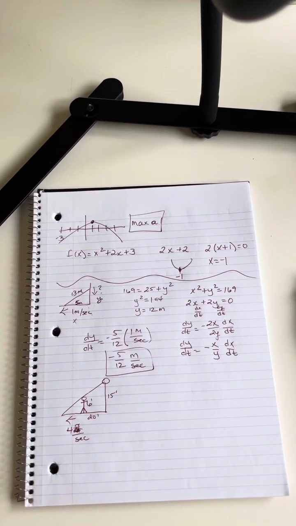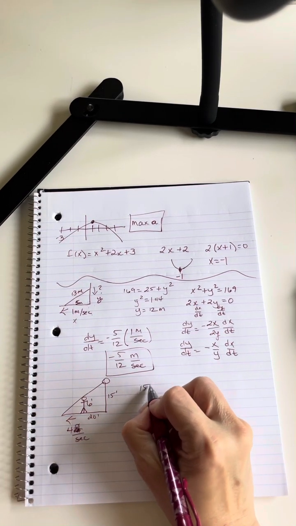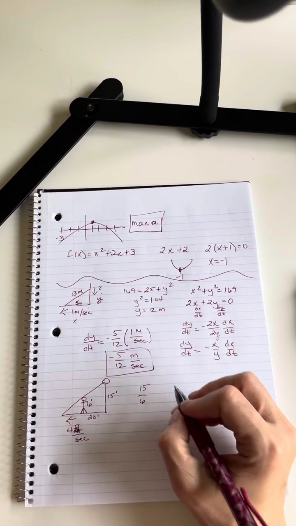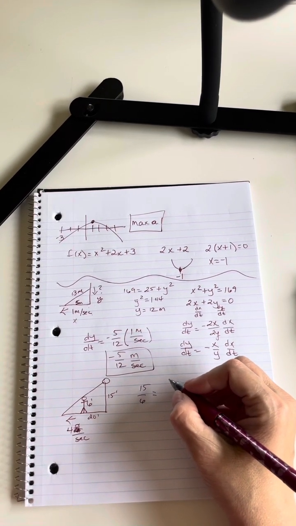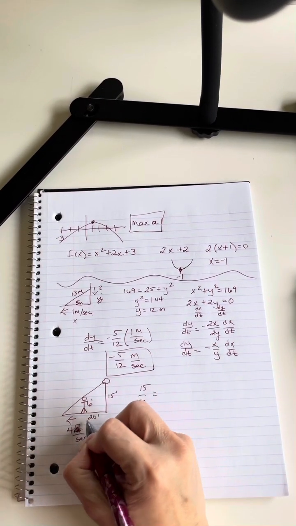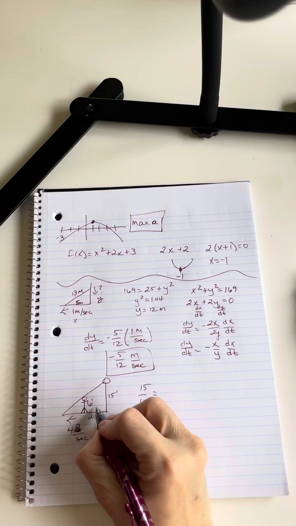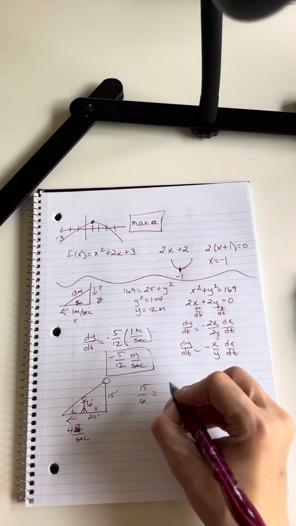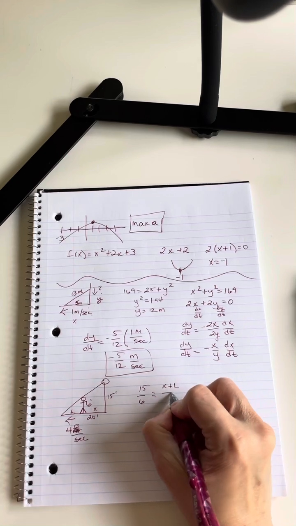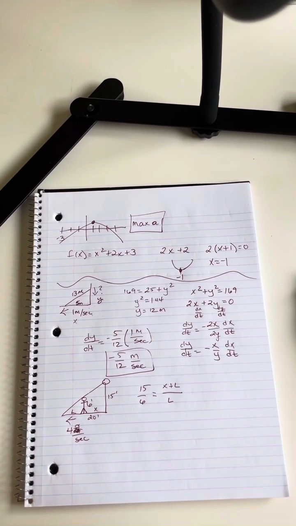If I set them up as a proportion, I'm comparing 15 to 6 from the big one to the small one. And this is where these problems are not necessarily intuitive. So this one is an X, and we'll call this one L just to match what they're doing. So X plus L is compared with the L from the small one.